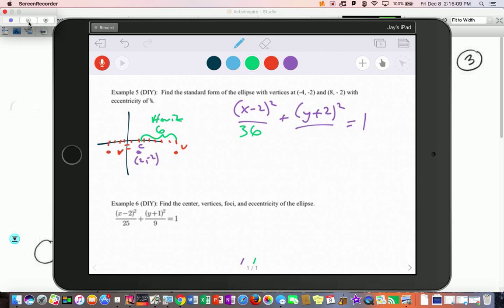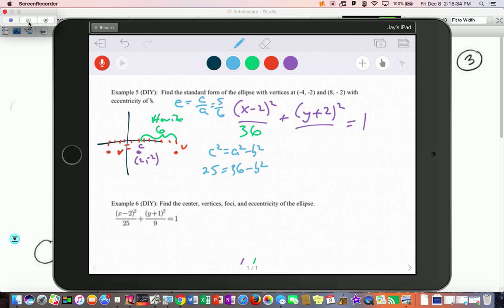Then the y value, we have to do some work. Now, eccentricity, remember, is c over a. And so if that's 5/6, my c squared formula tells me a squared minus b squared technically. So c squared would be 5 squared, or 25. a squared would be 6 squared, or 36.